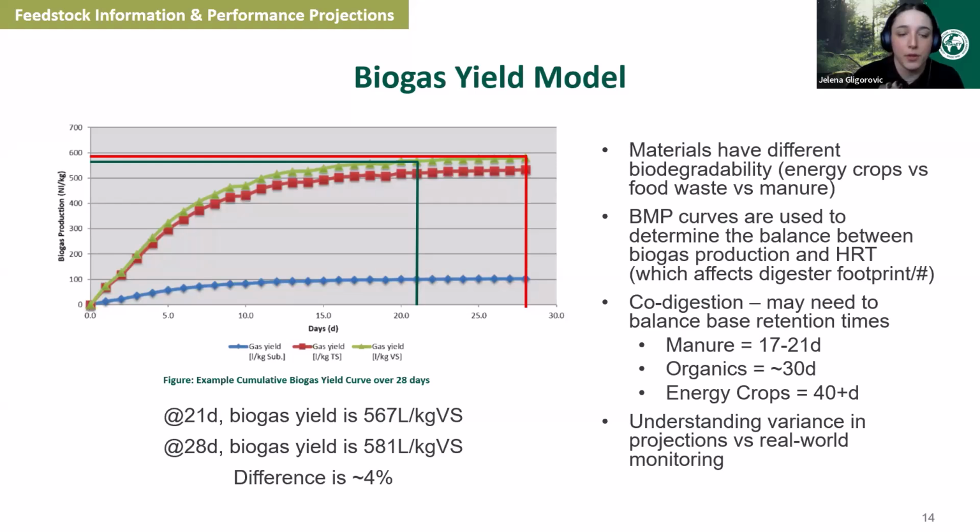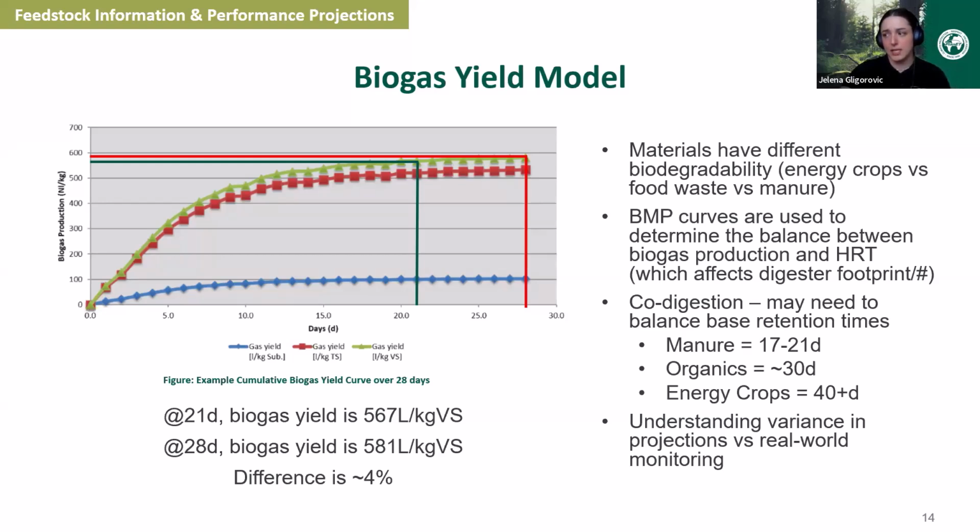So for this example, a retention time of 21 days with the capex associated with a digester of that size may be more effective than increasing the digester size for 7 days more retention time and only getting a 4% increase in your biogas production. So this is where the conversations around capex and opex can kind of play into the process design.